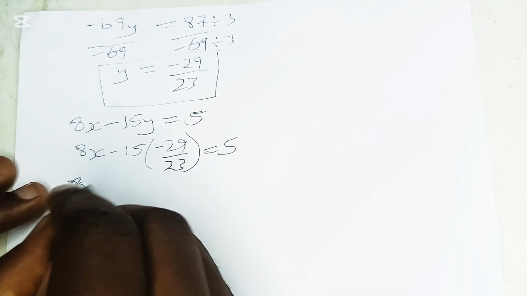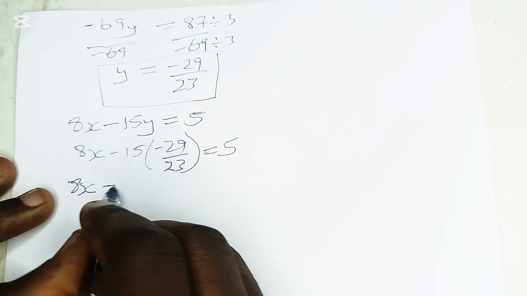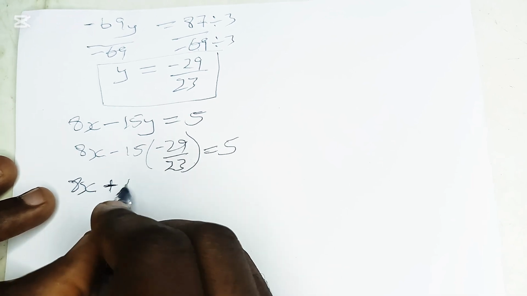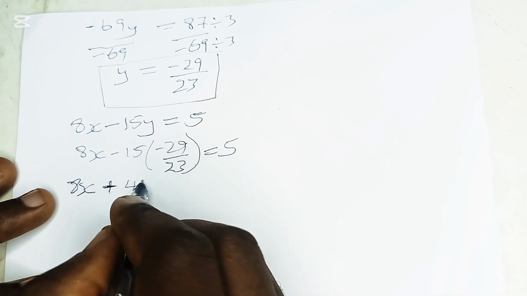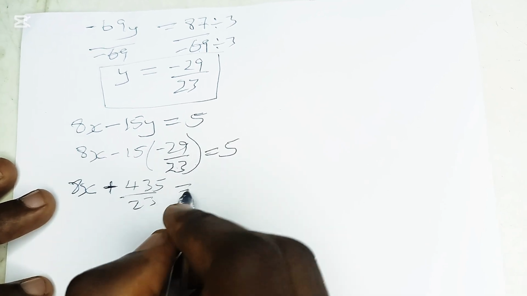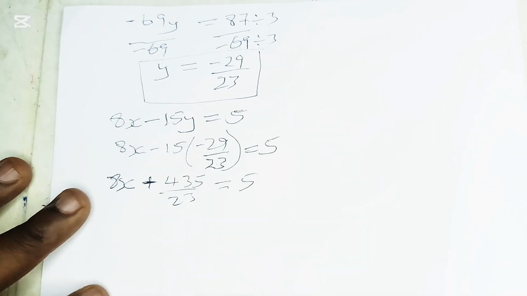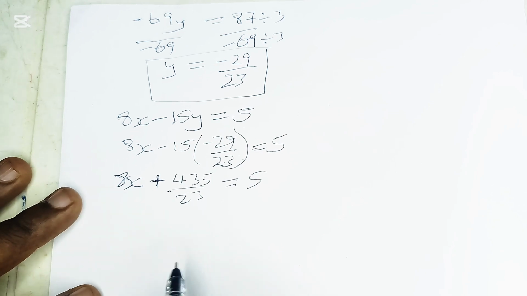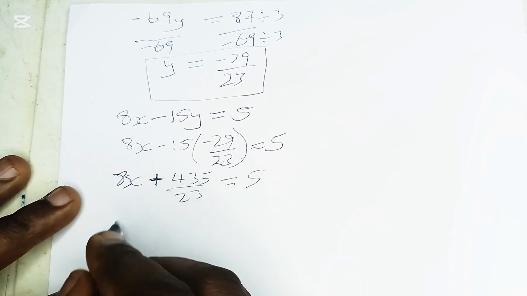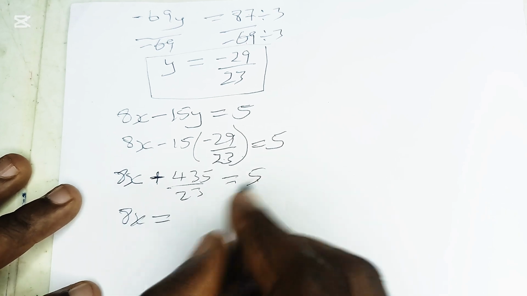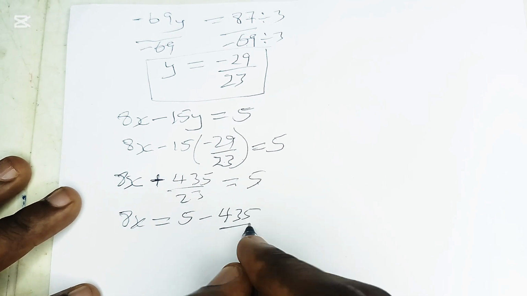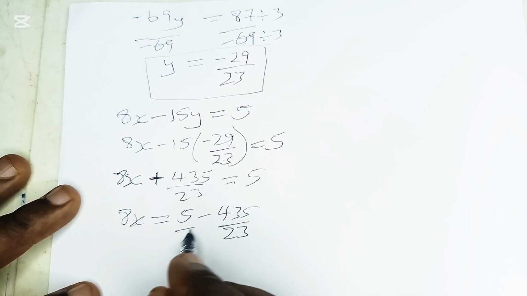So we have 8x, minus times minus, that should be plus 15 times 29, 435 divided by 23 is equal to 5. Okay. So now this 5, we take this over here. So you have 8x is equal to 5 minus 435 over 23 over 1.